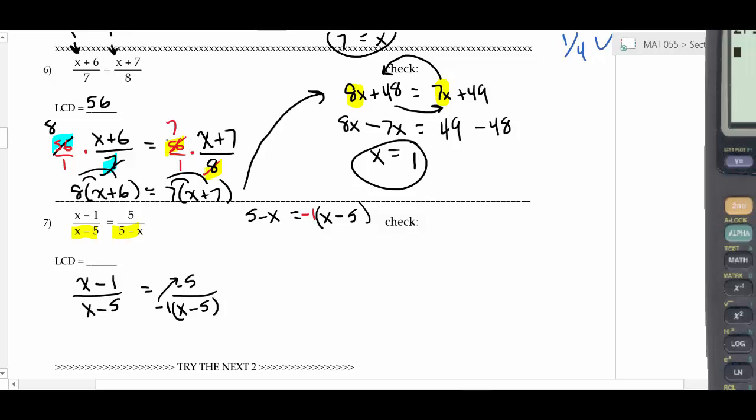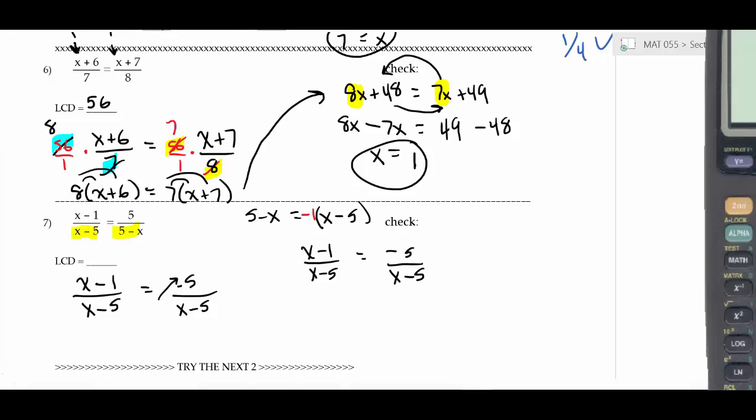So just move it like that, and if you do that, your denominators are the same, aren't they? Okay, now we learned how to do that, so flip it, and that introduces a negative. Okay, so now I'm going to write down the problem. We now have x minus 1 over x minus 5 is equal to negative 5 over x minus 5.